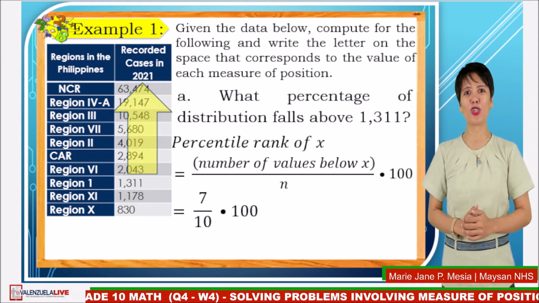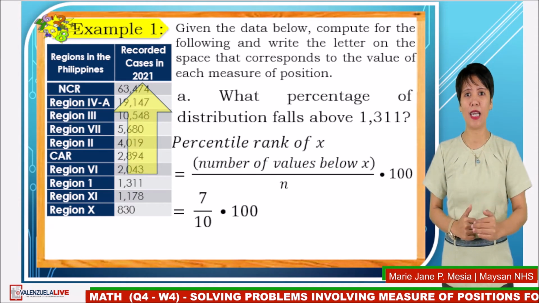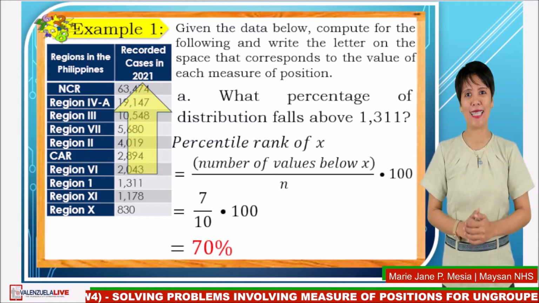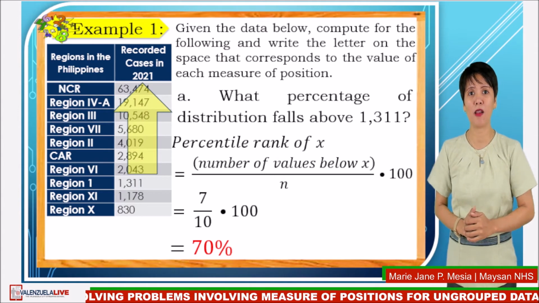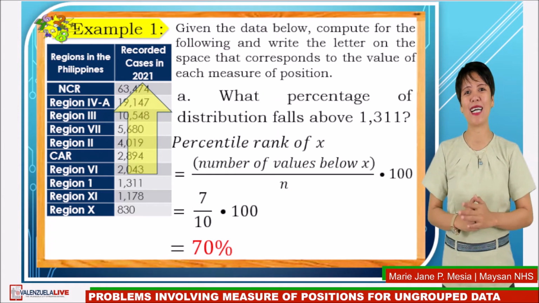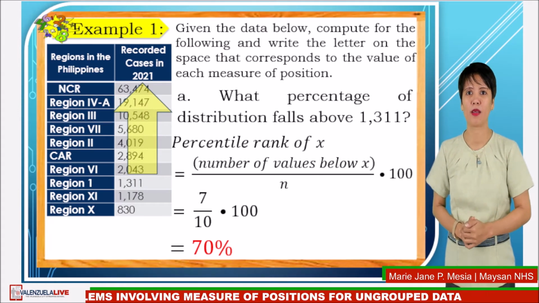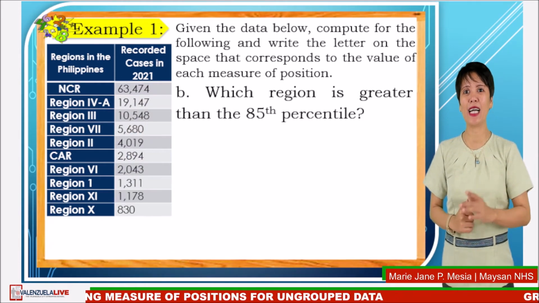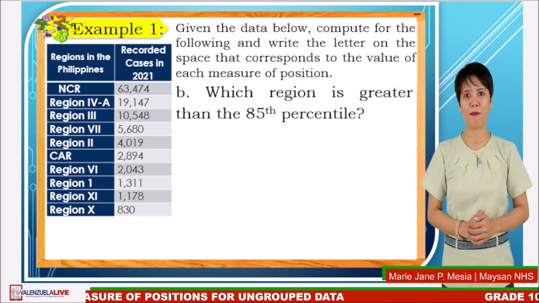By substitution, 7 divided by 10 times 100 is equal to 70%. And 70% falls above 1,311.